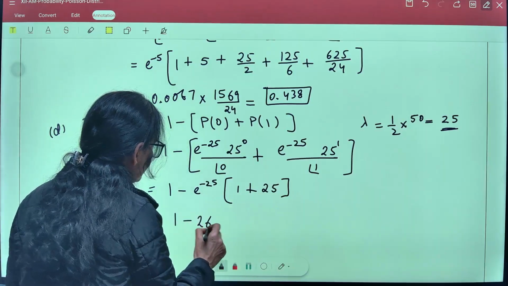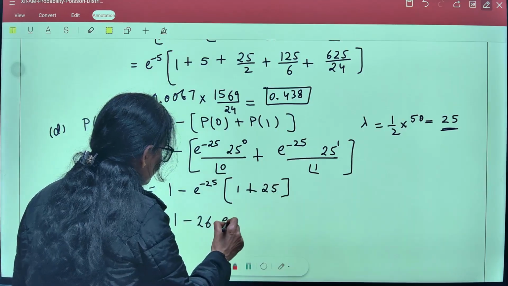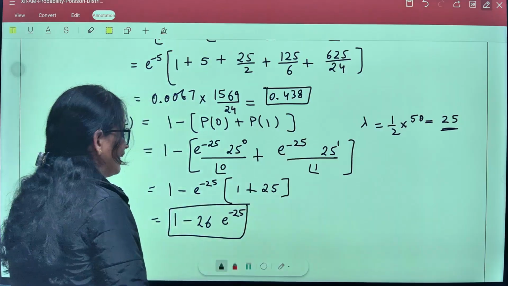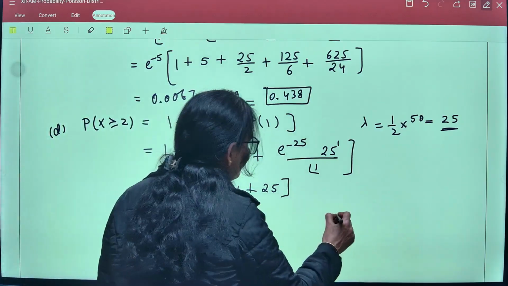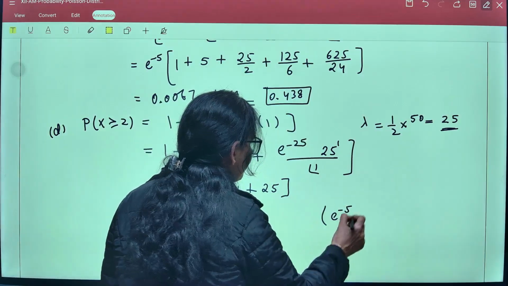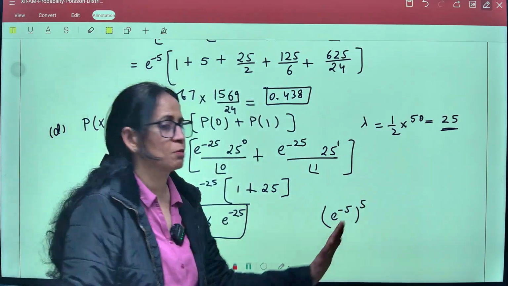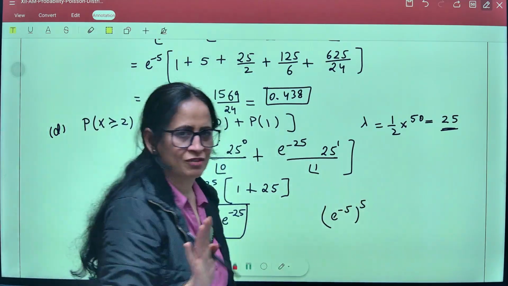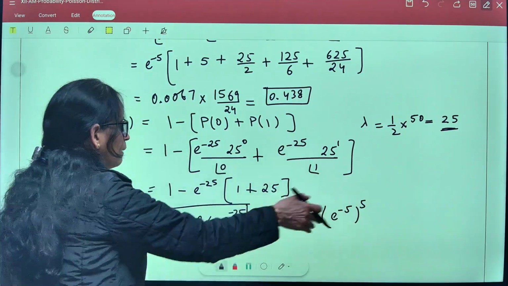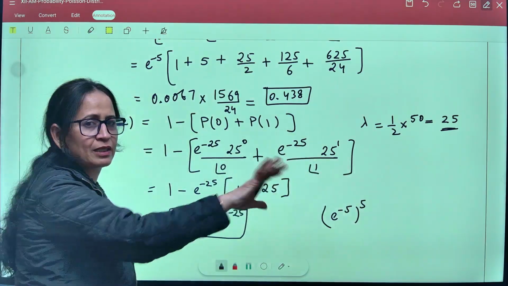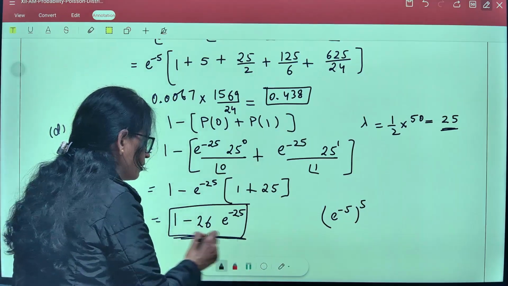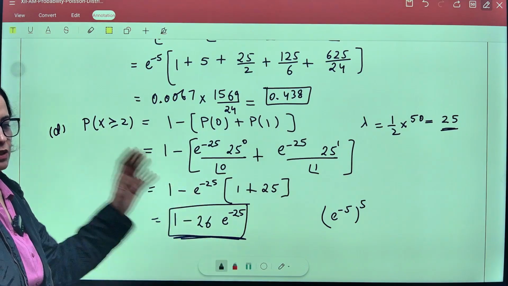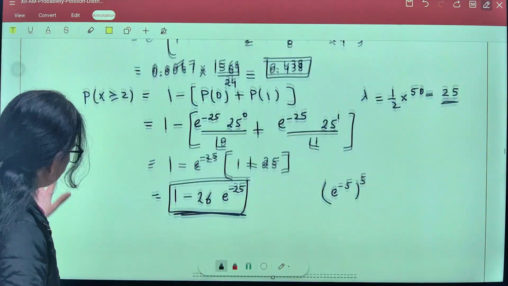So let it be 1 minus 26 into e raised to power minus 25. This is your answer. If you are given the value of e raised to power minus 5, you can calculate the value of e raised to power minus 25 also, because it is the fifth power of e raised to power minus 5. But when you are not given the values of the exponent part, you can leave your answer here like this. It's perfectly okay.